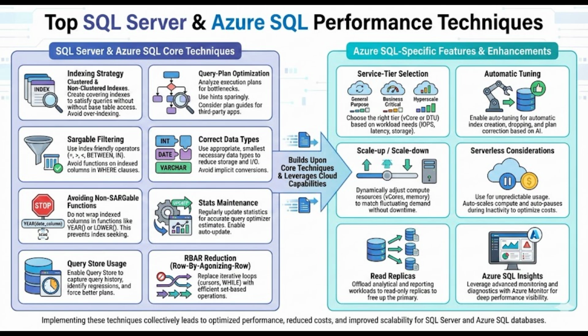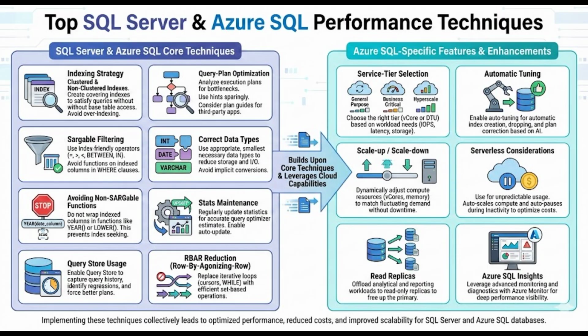Stats maintenance and cardinality confidence. Statistics tell the optimizer how data is distributed. They're histograms on columns or column prefixes. Without fresh stats, the optimizer guesses wrong, leading to memory grants that are too high, causing spills, or too low, causing row-by-row execution.